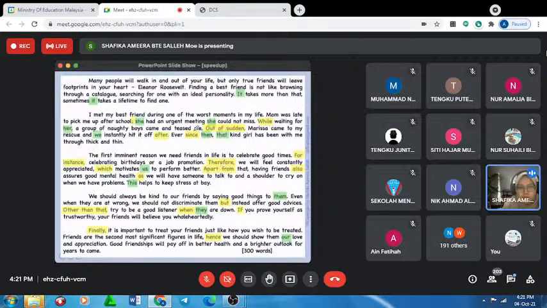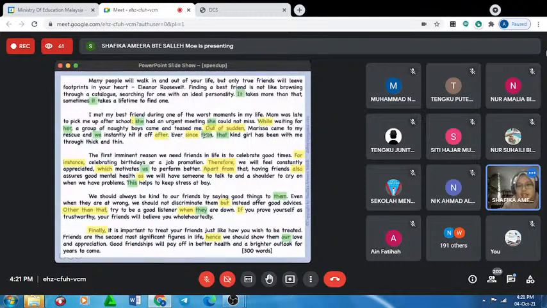Sebab with these words, your sentences will become complex and compound sentences. So bukan je kat organisation, tapi kat language pun dia akan contribute marks. Dan bila awak punya organisation bagus, your CA mark will also be good as well.